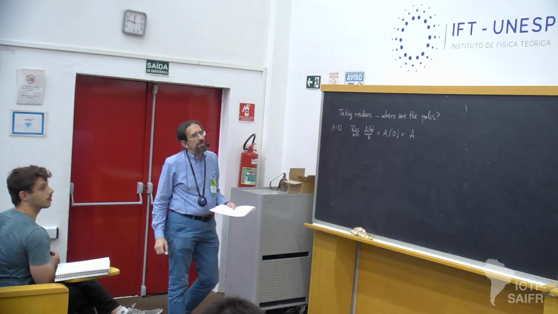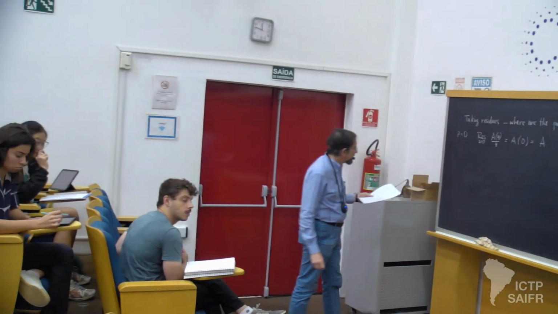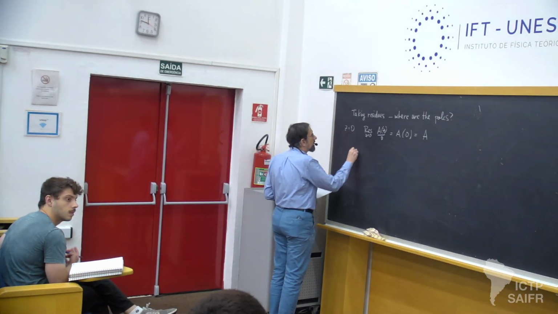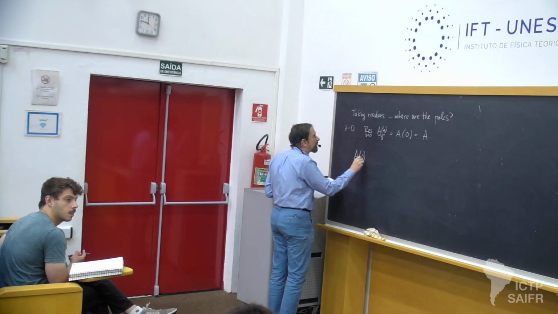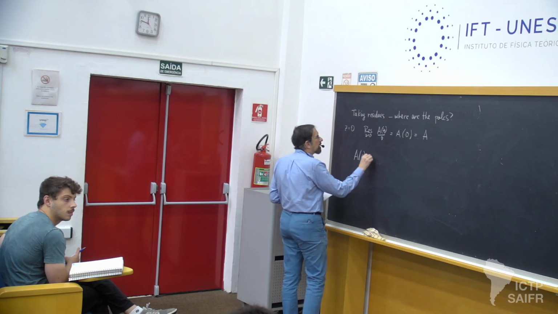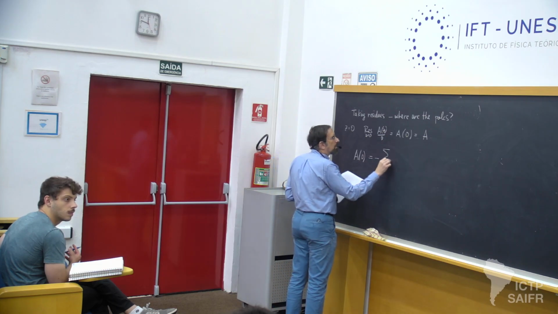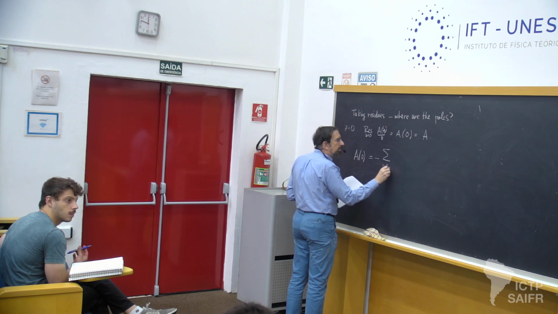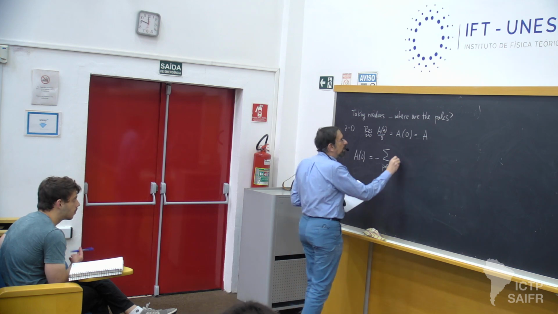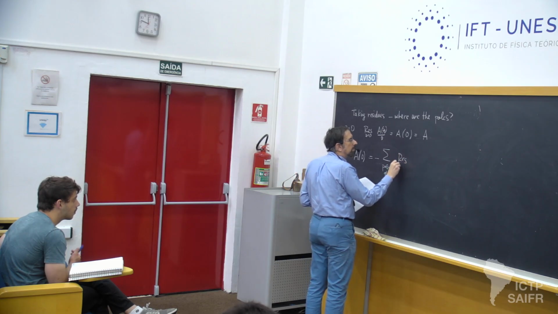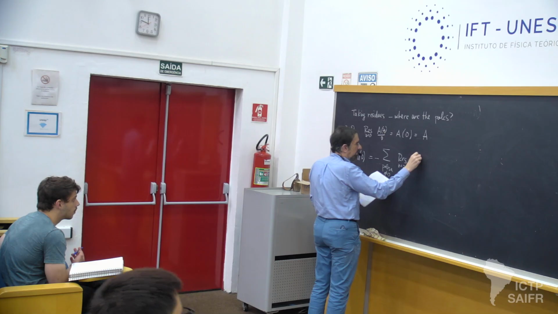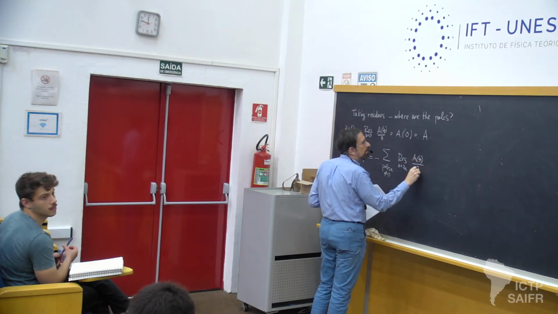So this overall 0 now turns into a useful equation if we can evaluate those other residues, because we just get a sum over all the other poles other than 0 of the residue at that pole of a of z over z.